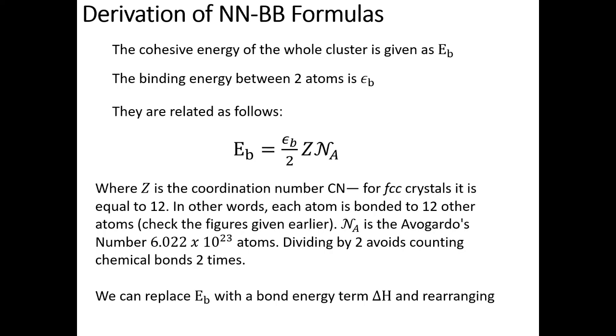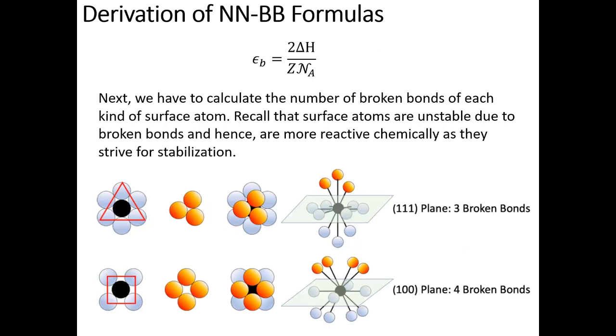Now we can replace the cohesion energy E_B with bond energy in terms of delta H. Delta H is the thermodynamic enthalpy, which relates directly to bond energy. Then we rearrange the equation: the bonding energy between atoms is equal to 2 times delta H divided by Z times Avogadro's number.